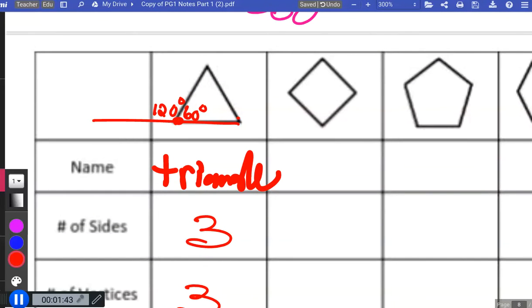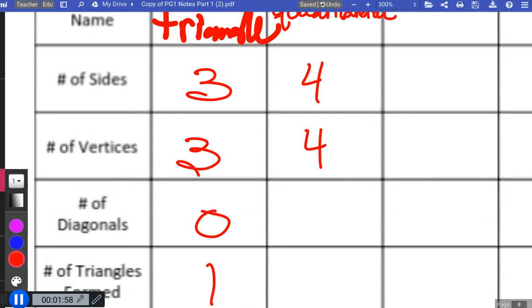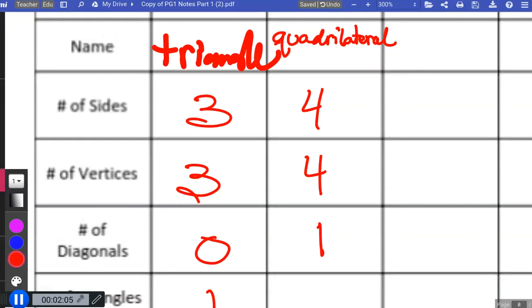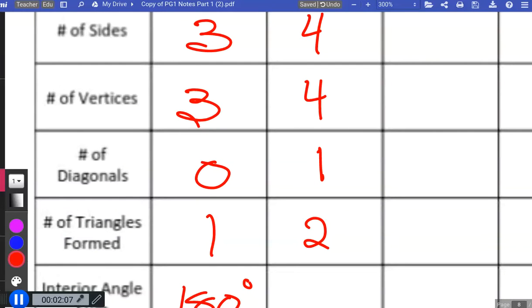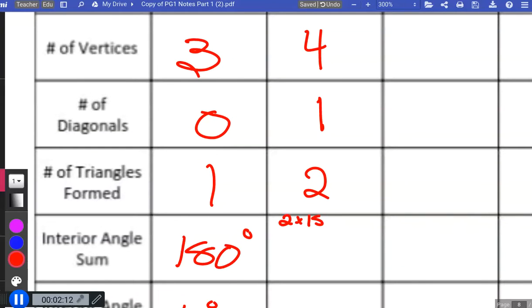Okay, here we have a square, but we're going to use the more general name, a quadrilateral. Quadrilateral, 4 sides, 4 vertices, diagonals. Going from one vertex only, you get 1 diagonal, which made 2 triangles. So we're going to take 2 times 180 and get 360 degrees for our interior angle sum.